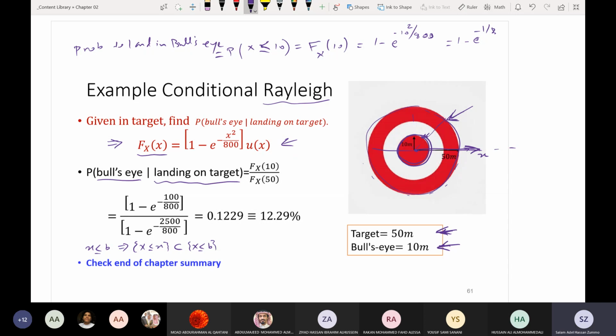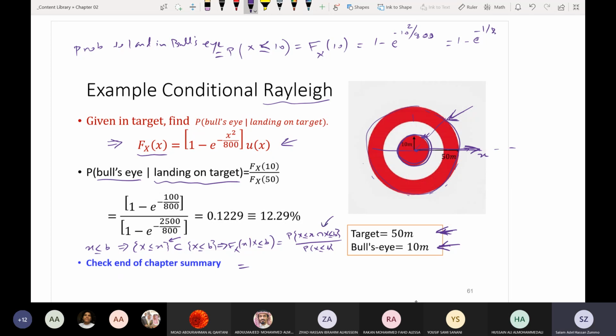And hence the intersection in the numerator of the conditional probability will be this one, which is F of x. So F of x given x less than or equal to b is equal to the probability that x is less than or equal to small x intersect x less than or equal to b, divided by the probability x less than or equal to b.